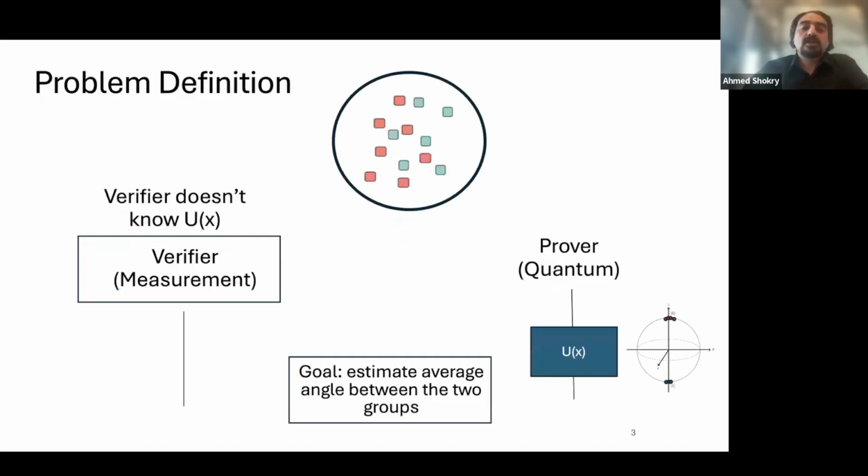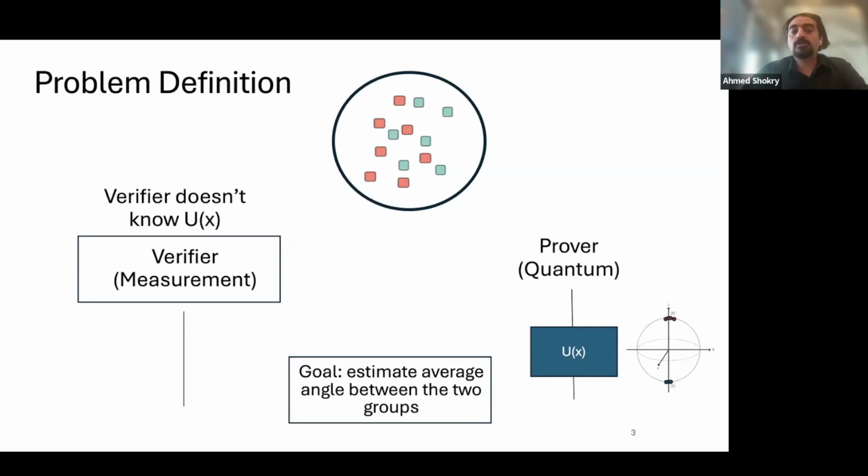So our problem definition is that given a source of data points that belong to one of two groups, red or green, and given a verifier and a prover, our protocol uses the verifier-prover model where we have a weak quantum verifier. In other words, the verifier can only measure.